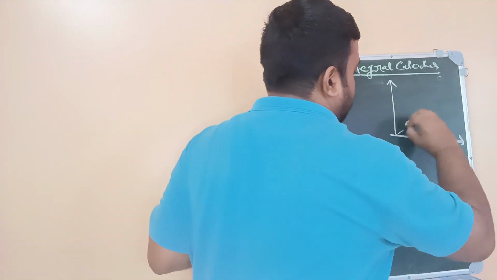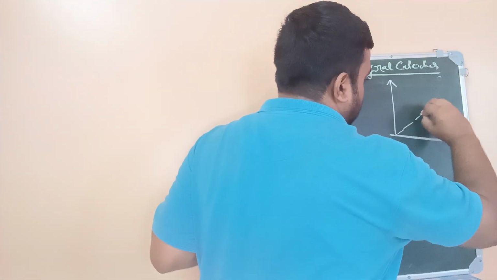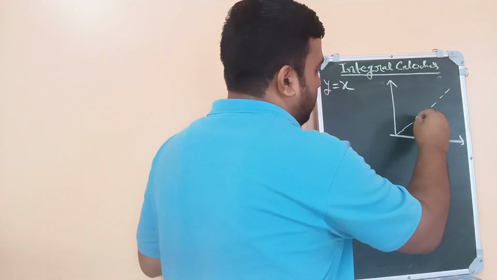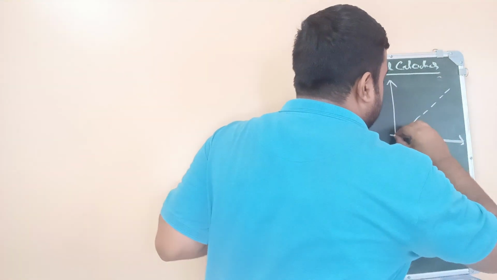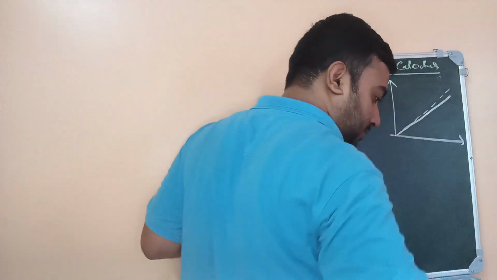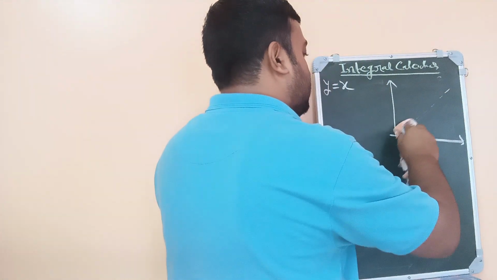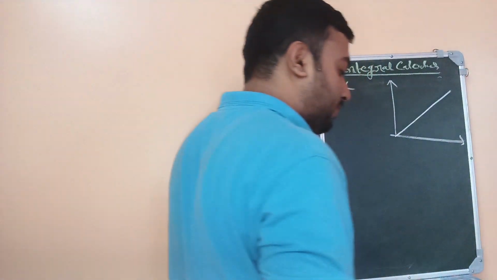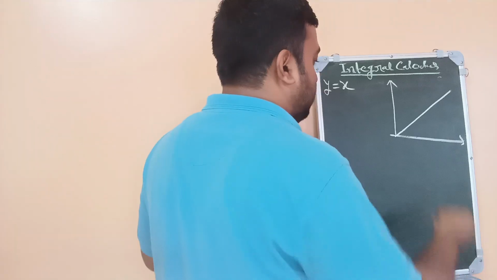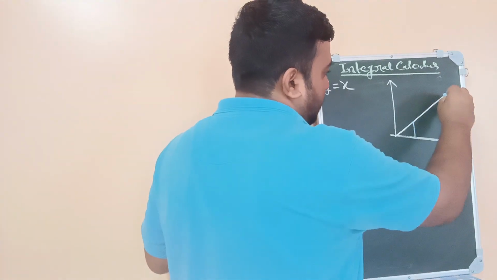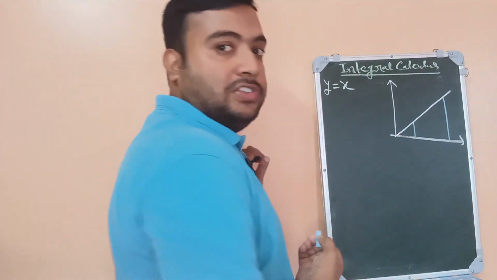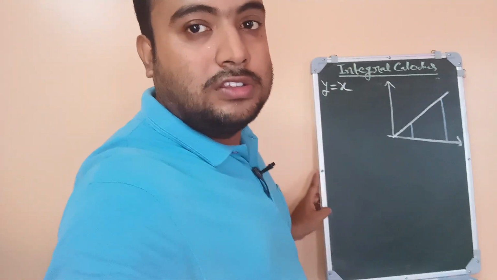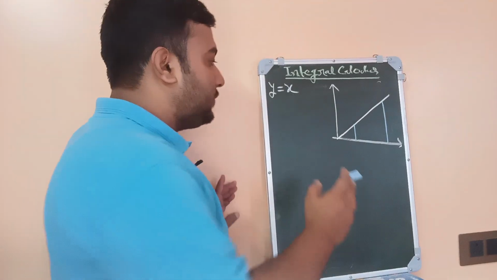This graph will look like that. This is the y equals x graph. In this graph we want to calculate the area of this trapezium shaped region.